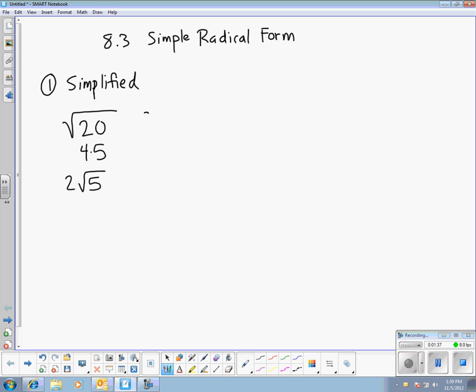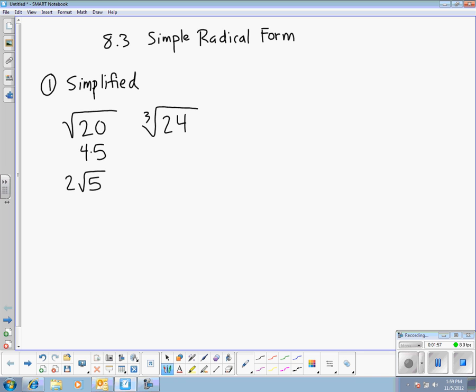This doesn't have to be square roots. It could be cube roots. Example, the cube root of 24. In order to be in simple radical form, I need to have no perfect cubes that will go into 24.